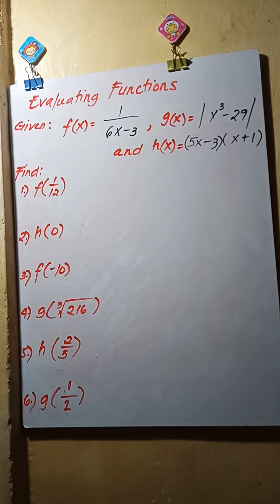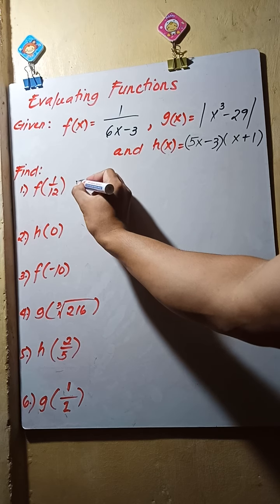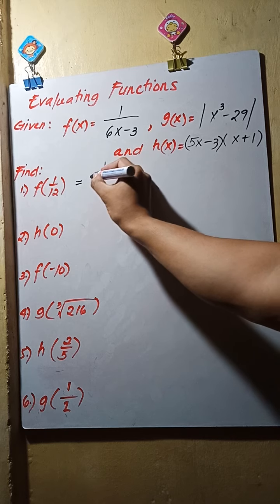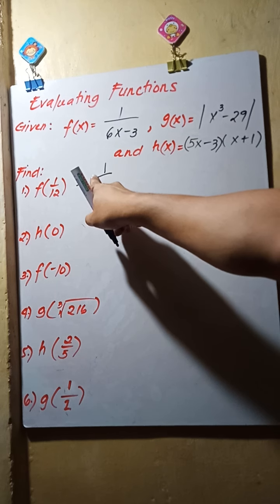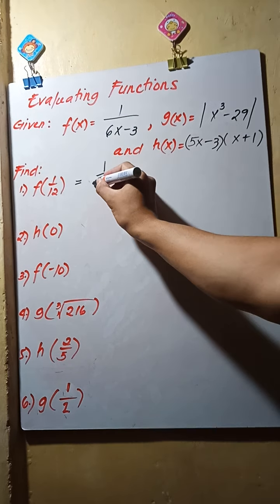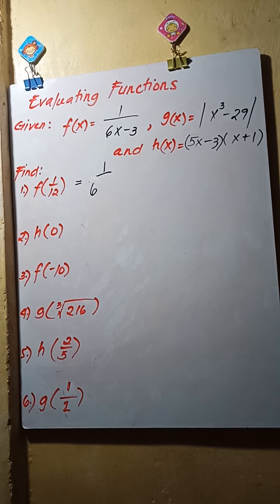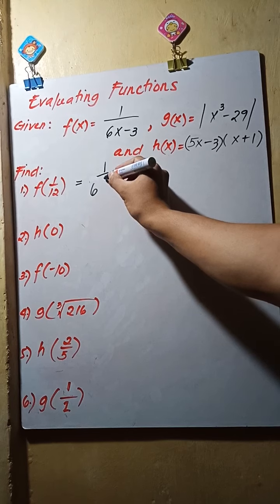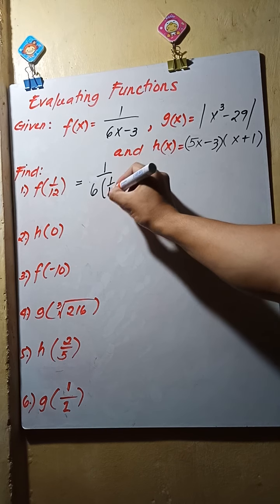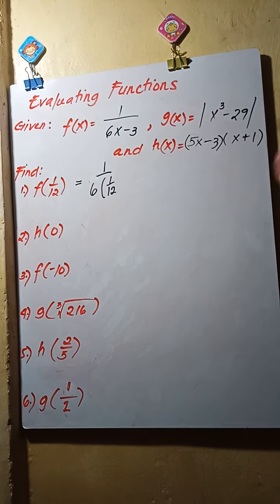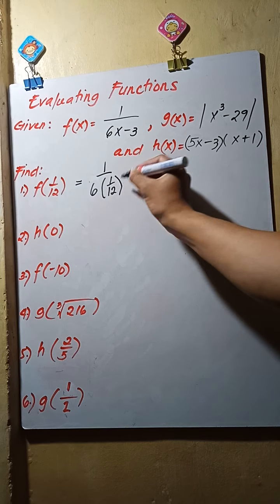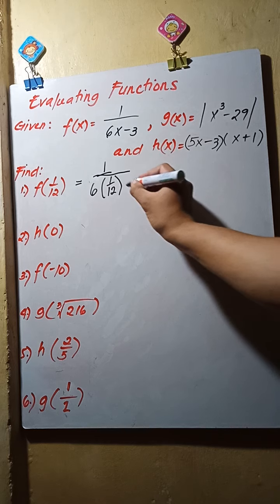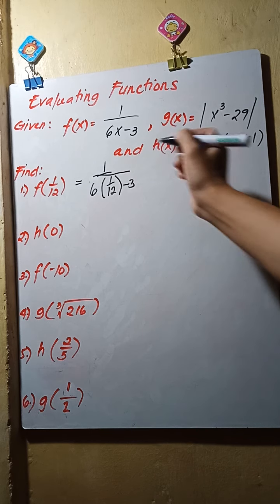So, solution for number 1, gagawin lang natin is to equal, and then, again, copy lang yung 1 over 6. So, what is our x? 1 over 12. So, lagay lang natin times 1 over 12, and then minus 3.